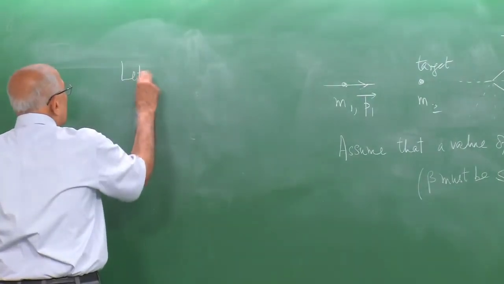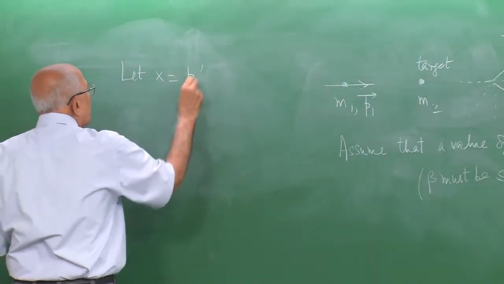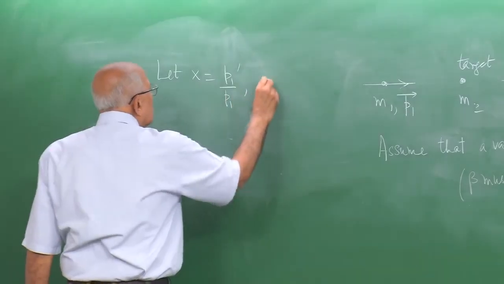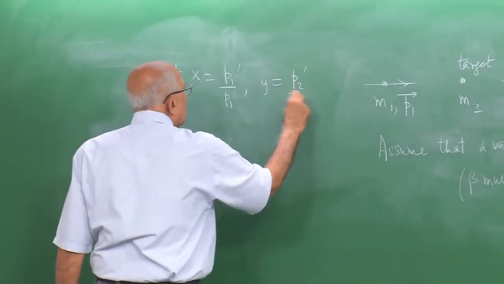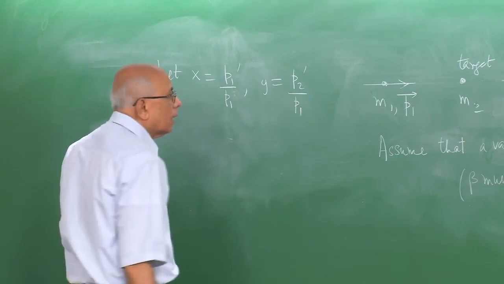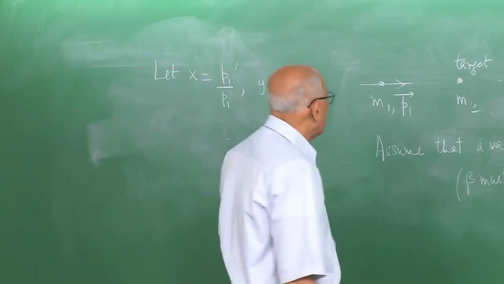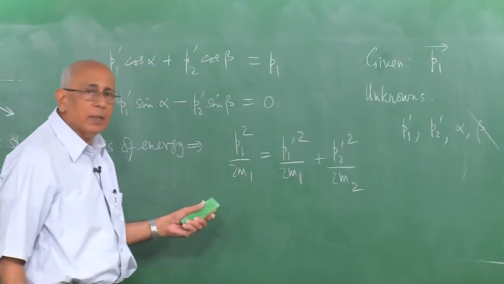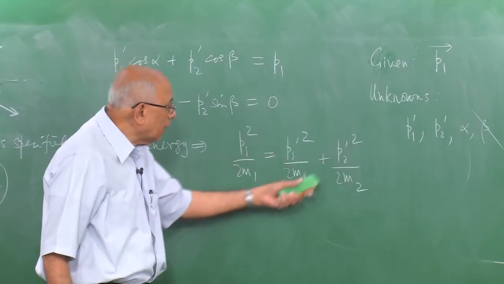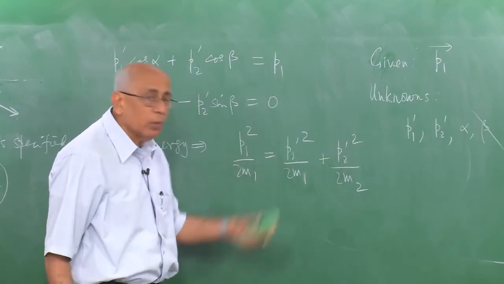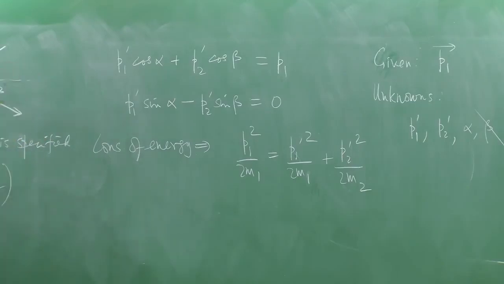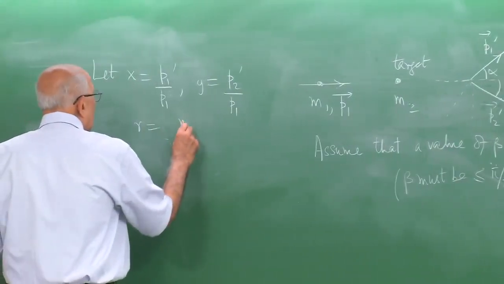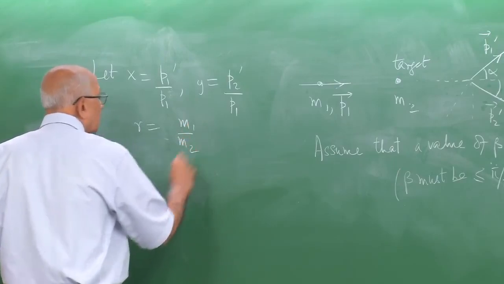Let x be equal to P1 prime over P1, and let us put y equal to P2 prime over P1. So it is only the ratios that we are interested in, and similarly this is the only relation where the masses appear, and the masses appear by multiplying through. As you can see, the ratio of m1 over m2 appears here. So it is immediately clear that I could also write r as before equal to m1 over m2.